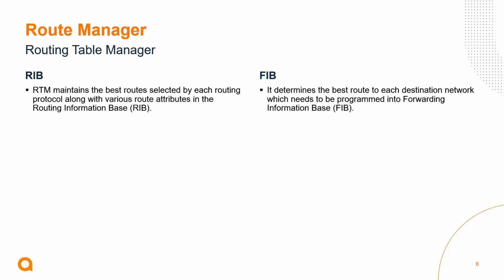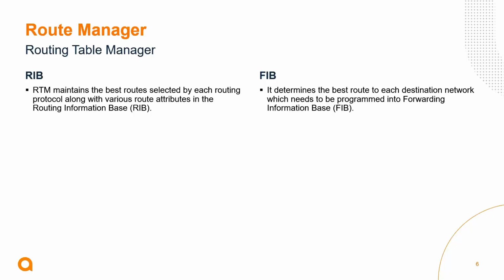Routing table manager: it is responsible to maintain the routes, the best routes selected for each routing protocol, so for BGP, for OSPF, with the various attributes of that route, and put that in a table that is called RIB.